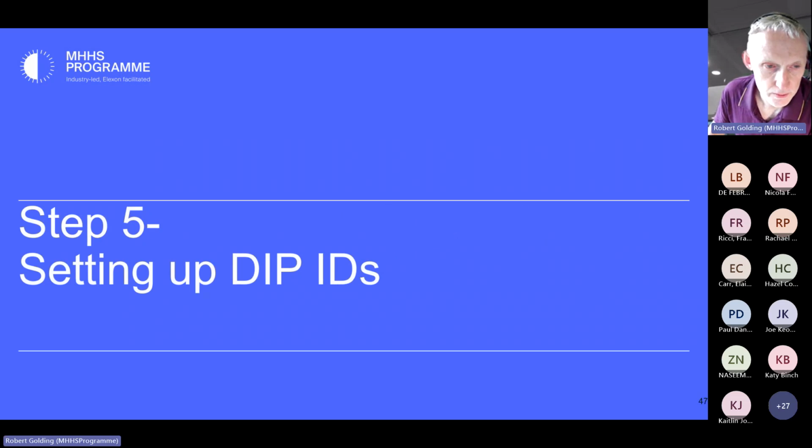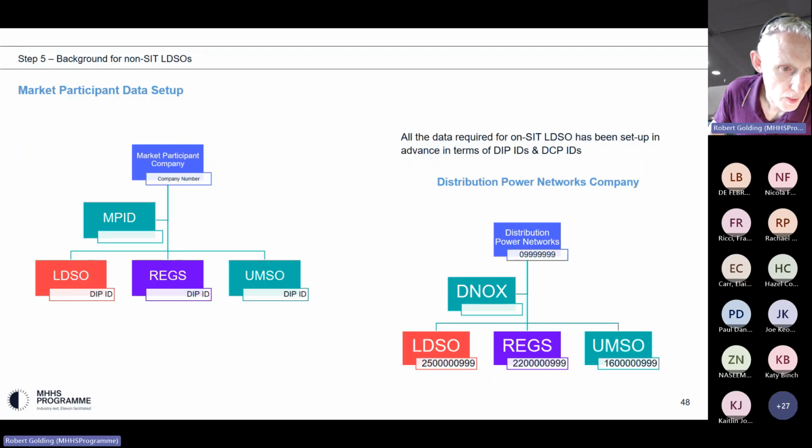Setting up DIP IDs. This is slightly easier territory to deal with. So the way a market participant is set up in the DIP, we have a market participant company, identified by their company number. Each company will have one or many MPIDs, and we know that LDSOs have 3 different roles under each MPID.